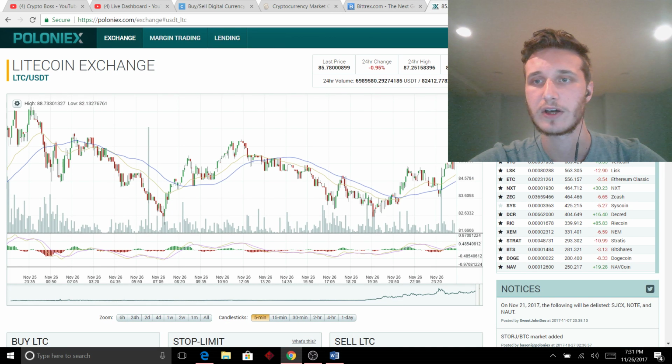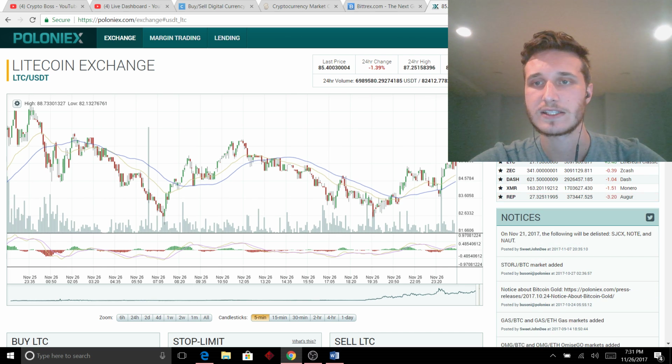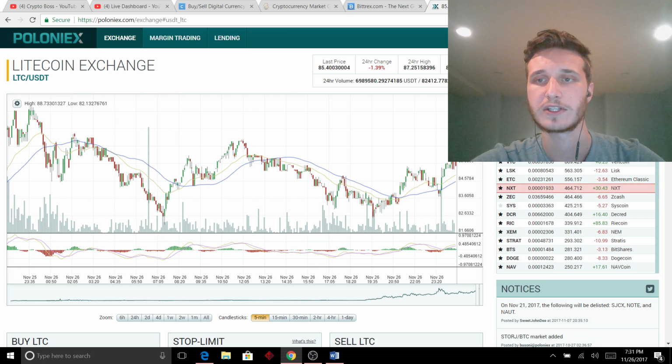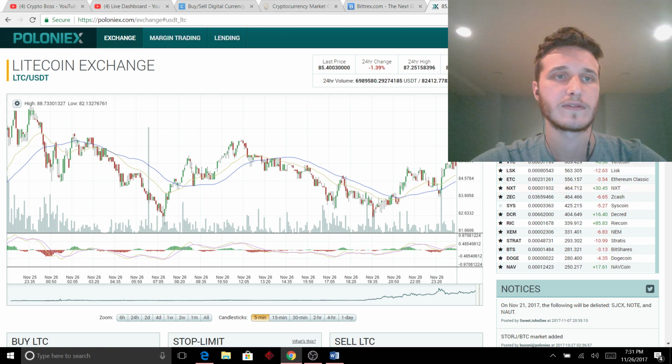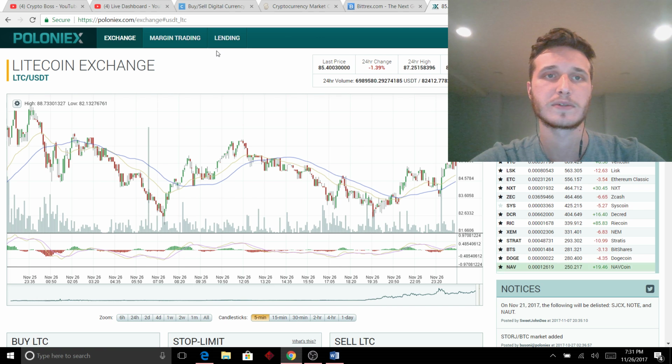You can see the trade volume right here. This is measured in Bitcoin, so if the current Bitcoin price is $9,344, you just multiply these numbers by 9,344, and that would be the trade volume on this website for each particular coin for the day.